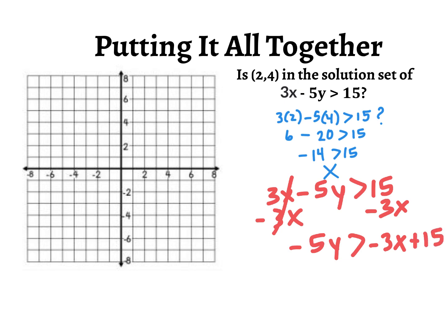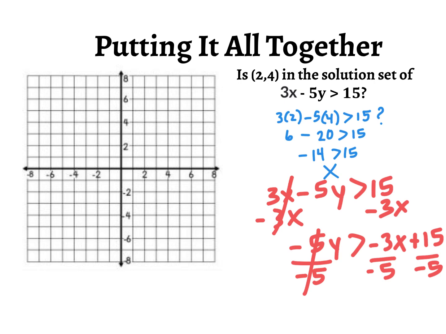To leave y by itself, I'm going to divide both sides by negative 5. Now this happens to be a very special case. Whenever you divide by a negative, we have to make sure that we flip this sign. It's a very important rule. If you're dividing by a negative, you have to flip the sign.